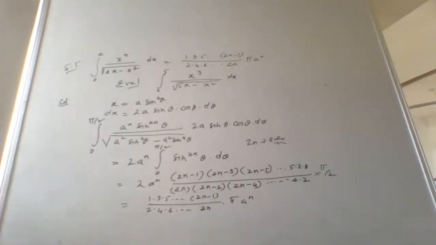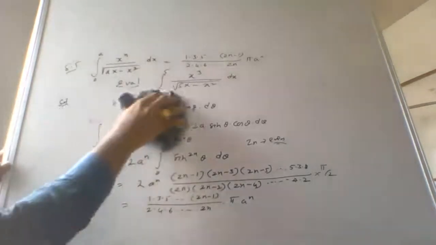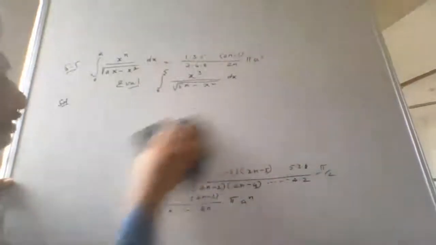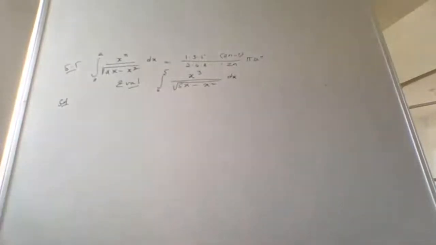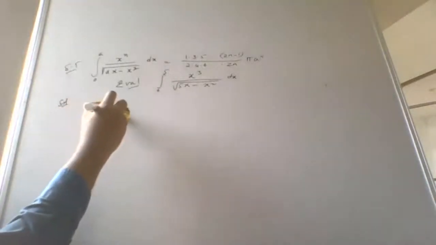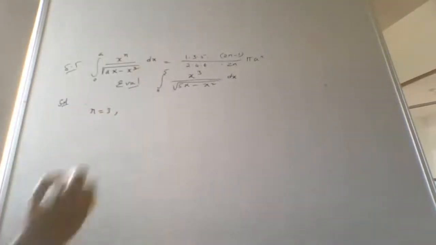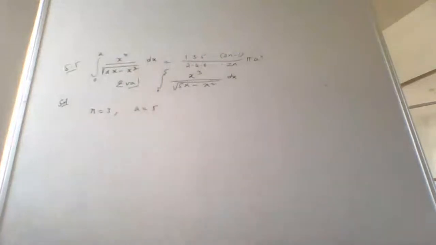We have shown it. Now we have to deduce the required result from this. Considering this, let us put n is equal to 3 and a as 5 in the result we have obtained.